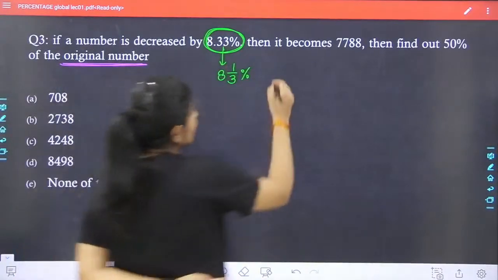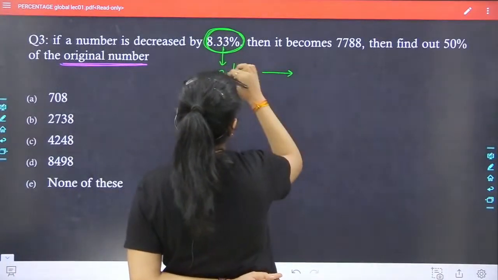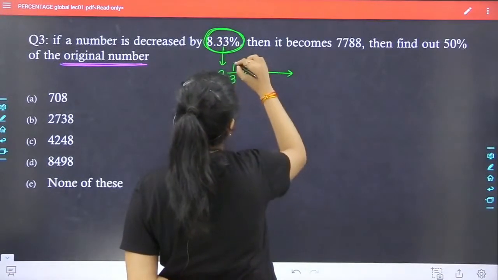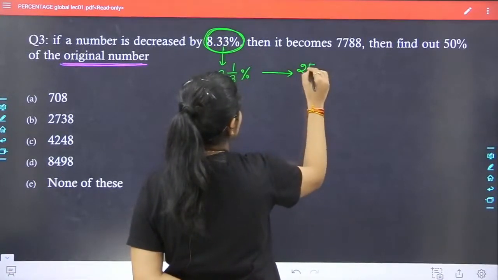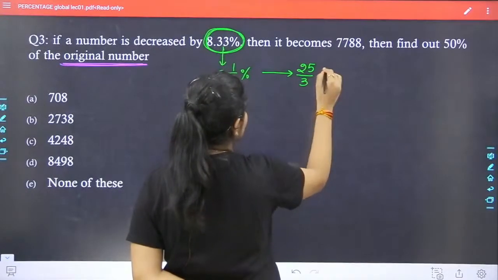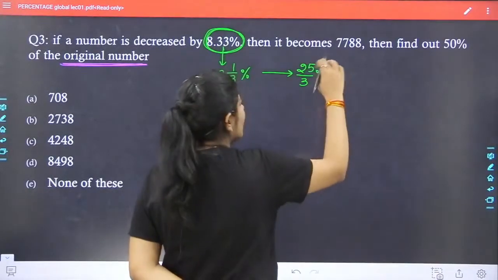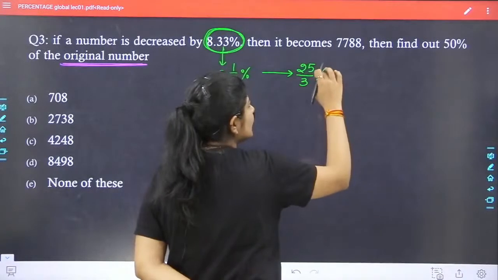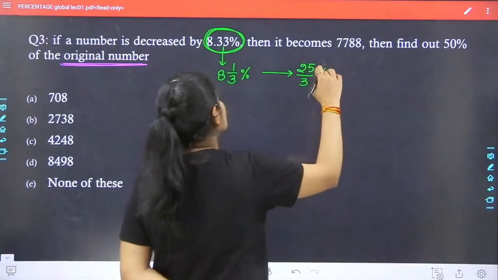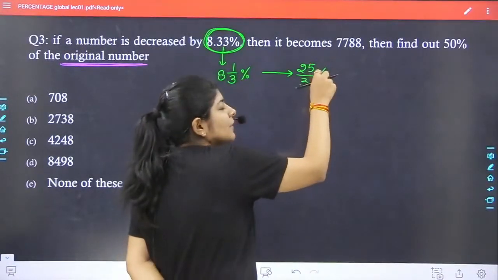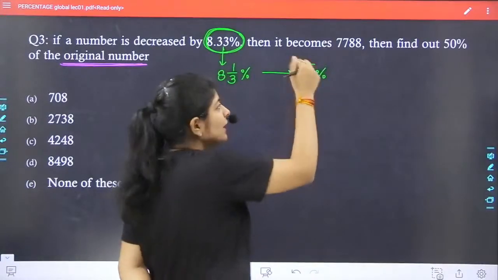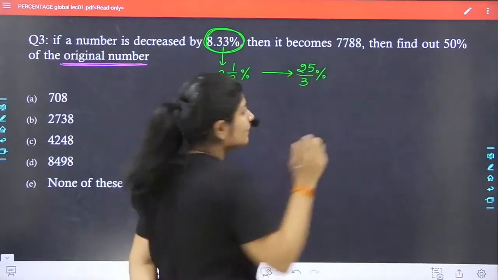Okay. I can write it as 8 into 3, 24, 24 plus 1, 25 by 3%. Now, if I want to remove this percentage symbol, I have to divide the whole term by 100, right?